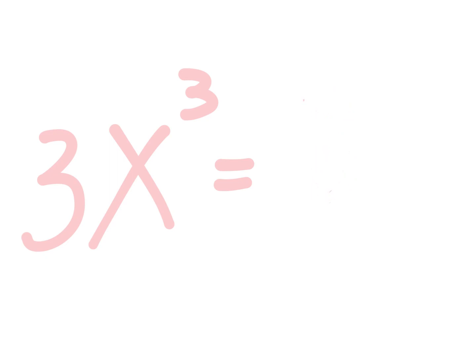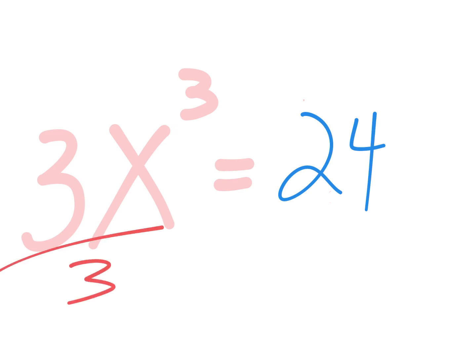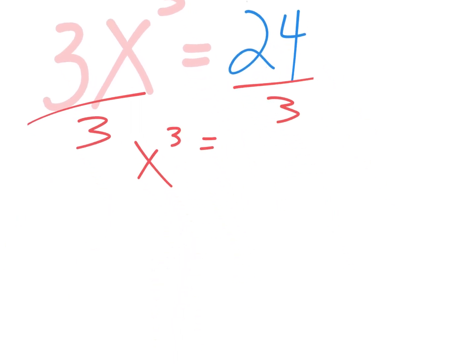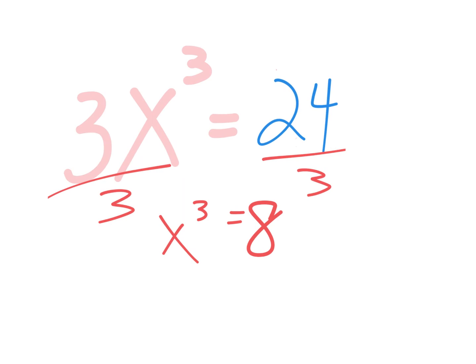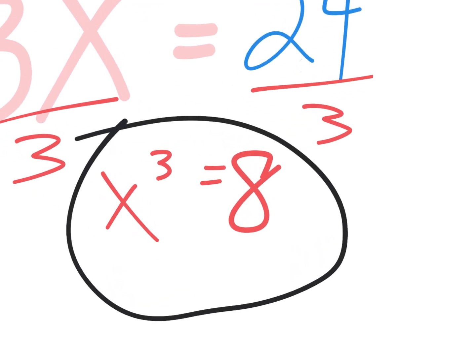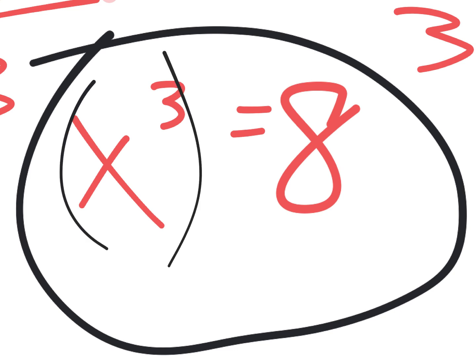Okay, who knows how to start? Come on, somebody step up. Mallory. Divide by 3. And then I got x to the 3rd equals, somebody got 24 divided by 3, what is it? 8, good. Now, how do you get a 3 off of there? Put it to the power of?